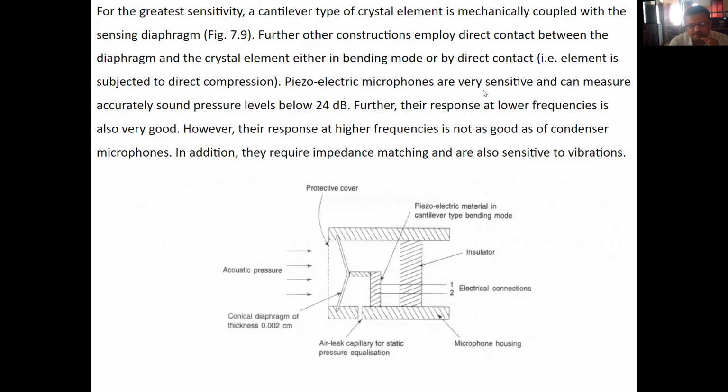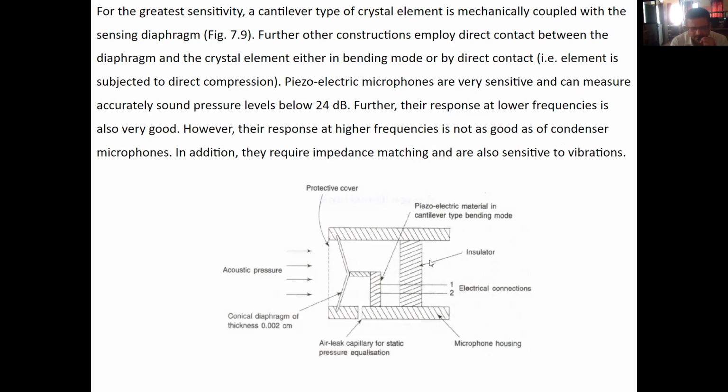Piezoelectric microphones are very sensitive and can measure accurately sound pressure levels below 24 dB. Their response at lower frequencies is also very good. However, their response at higher frequencies is not as good as condenser microphones. In addition, they require impedance matching and are also sensitive to vibrations.